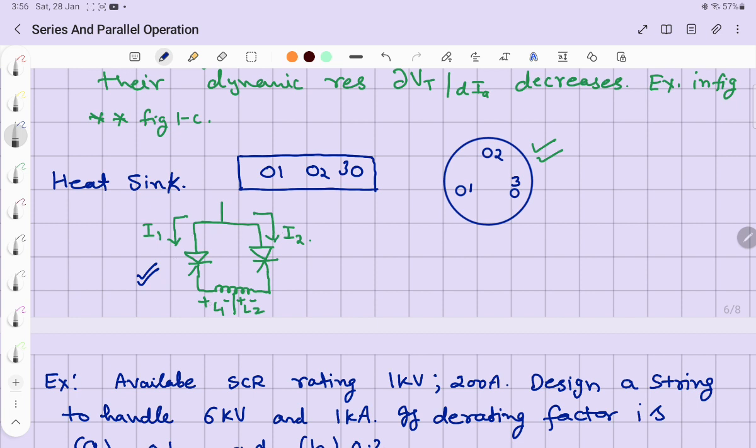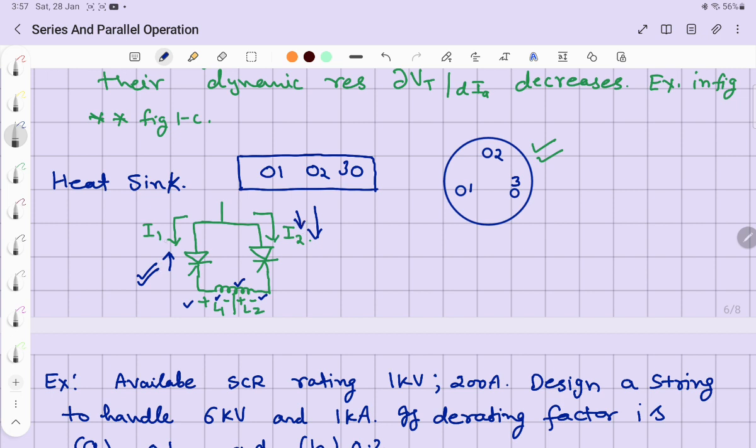When I1 is high, the inductor would oppose it, so the polarity would be like this and it will try to decrease I1. At the same time, the polarity on this side is minus and here it is plus, so it will try to increase I2.